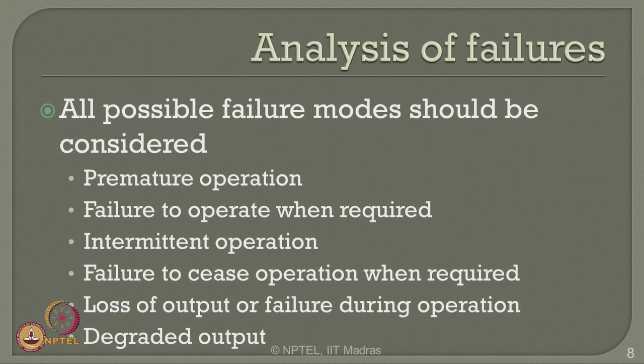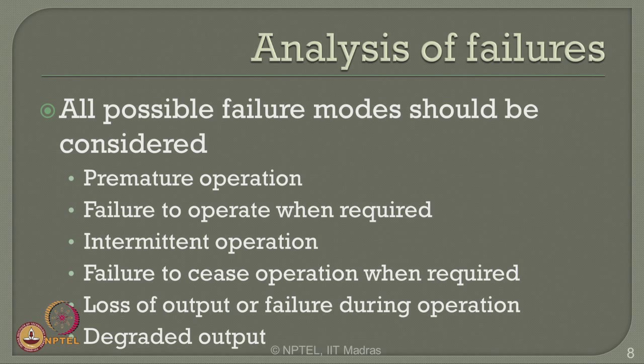For example, a valve. The valve should open or close at a specific temperature, pressure or flow volume. If the valve does not close at specific operational conditions, then it is identified as failure to operate when required. Sometimes there can be failure during intermittent operation, or failure to cease the operation when required. For example, the valve should close but does not close.